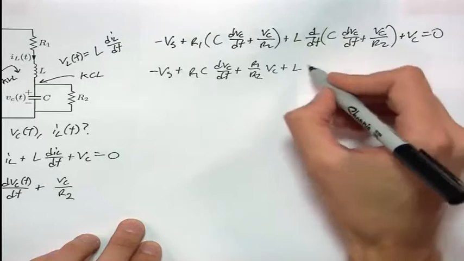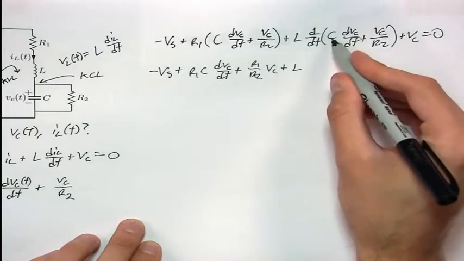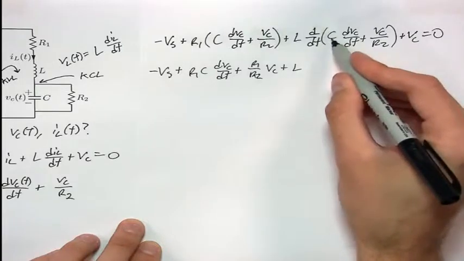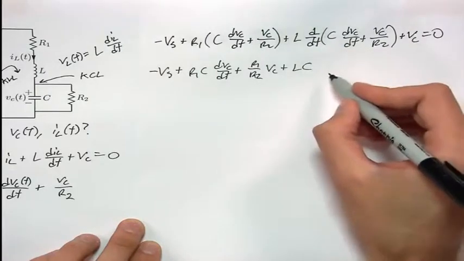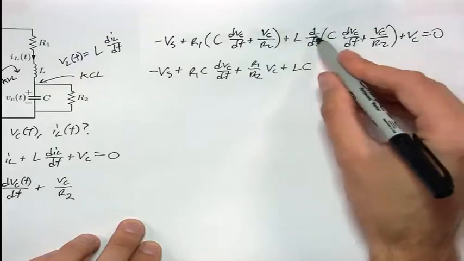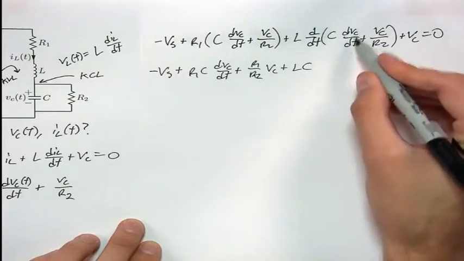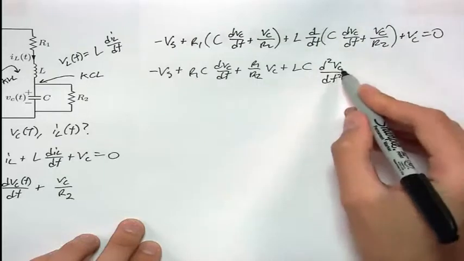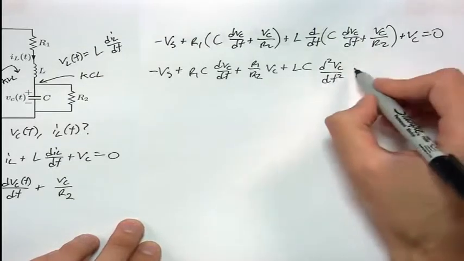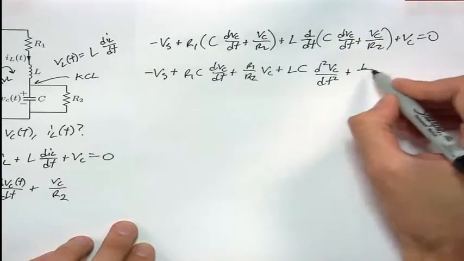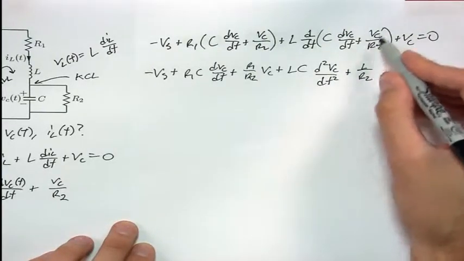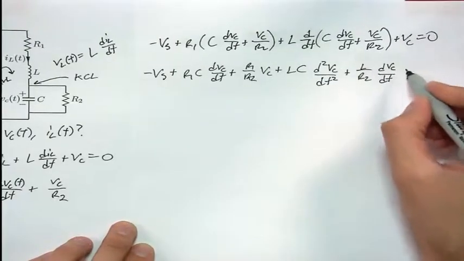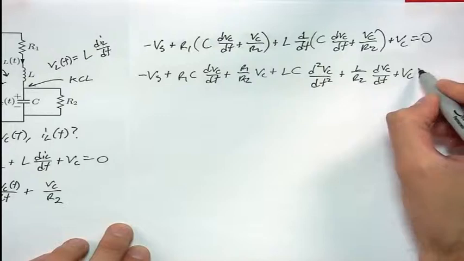Here we have an L, and this C is not varying in time, so the derivative isn't going to change it, and we can pull it out front. Then we have the derivative of Vc, so we have a second order derivative of Vc. We follow the same process for the second term: pull out the 1 over R2, take the single derivative of Vc, plus Vc equals 0.